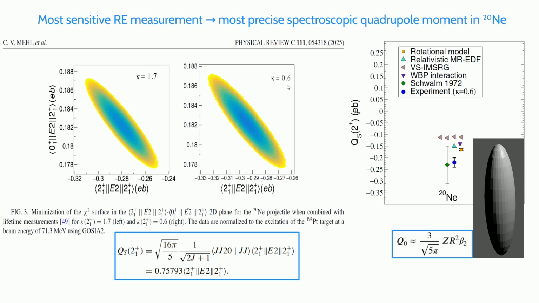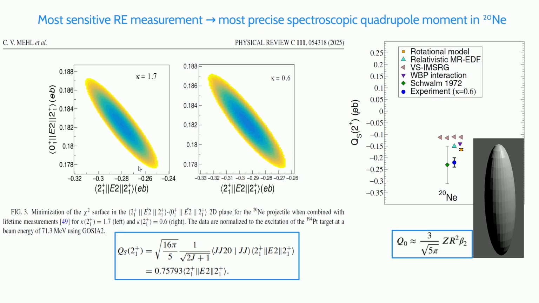But this is what we see for the first 2+, and this is the one that we use for our analysis. We determine here the diagonal matrix elements, which, as you can see, is related to the spectroscopic quadrupole moment. In fact, what we measure is the diagonal matrix element, or actually the 2D chi-square surface here.